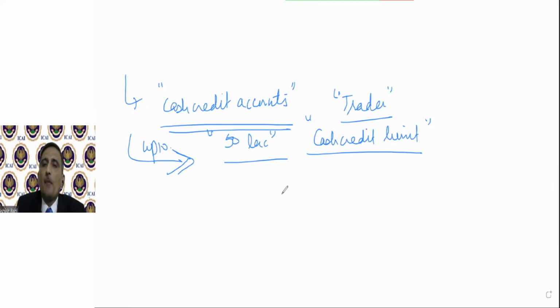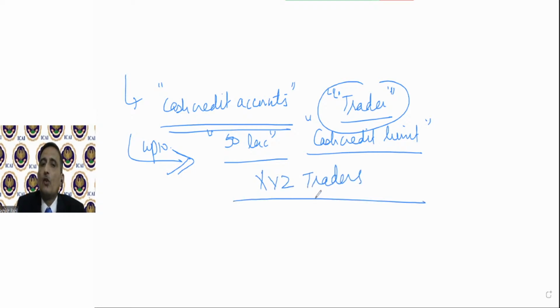So what would the bank do? The bank would open an account in my name. Say my name is XYZ Traders. Okay, I am a proprietorship concern. So the bank would open this cash credit account in their books. Say my sanction limit is 50 lakhs.